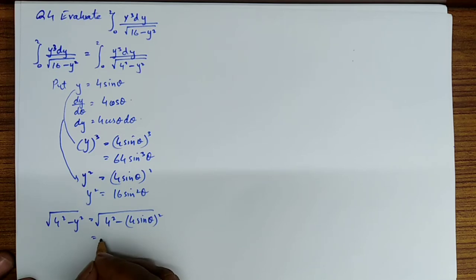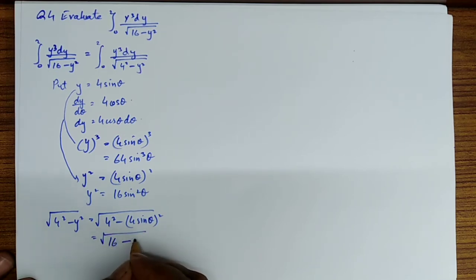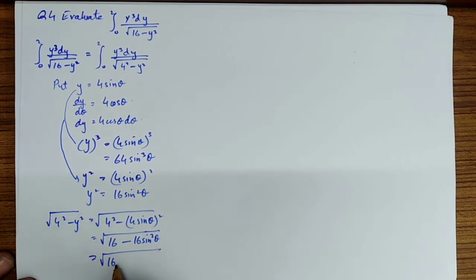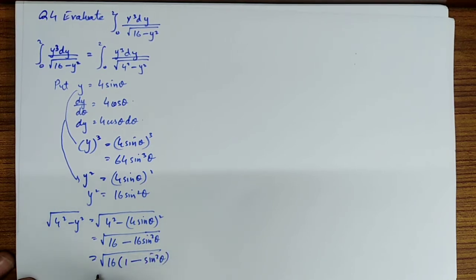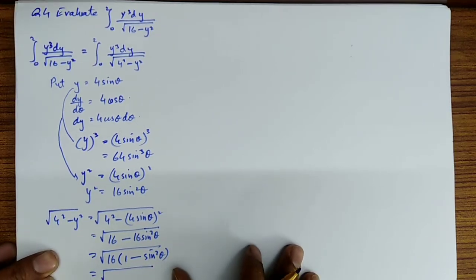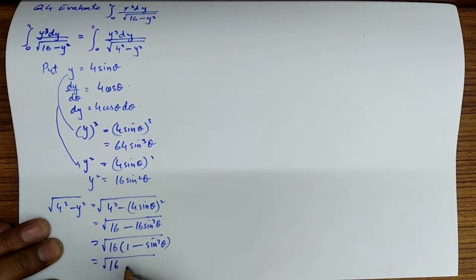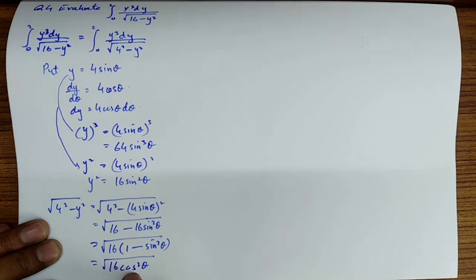This will give me 16 minus 16 sine square theta, and taking 16 as common, 1 minus sine square theta, this will be equal to 16 cos square theta.